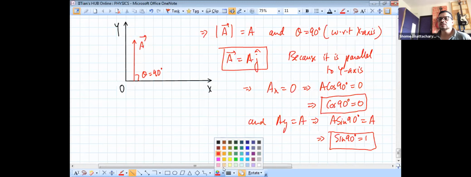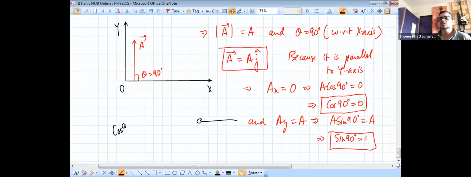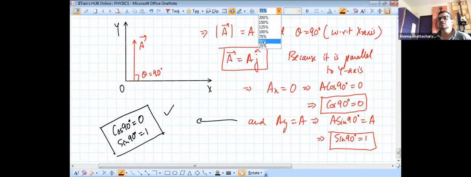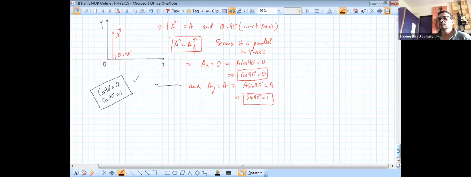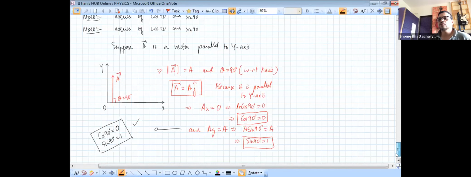So this shows us that cos 90 has a value of 0 and sin 90 has a value of 1. So another set of values is now added for your list of sin theta and cos theta. Okay. So this is how we logically understand the value of sin 90 and cos 90.